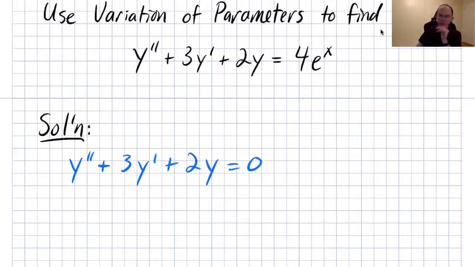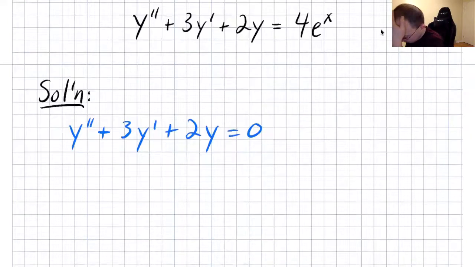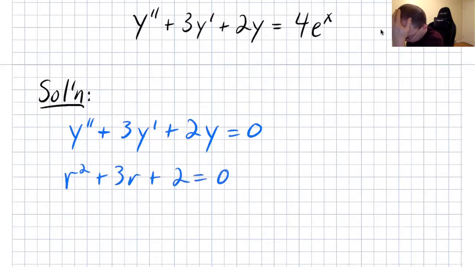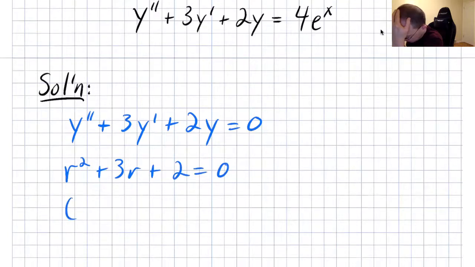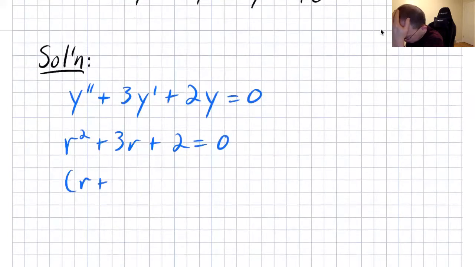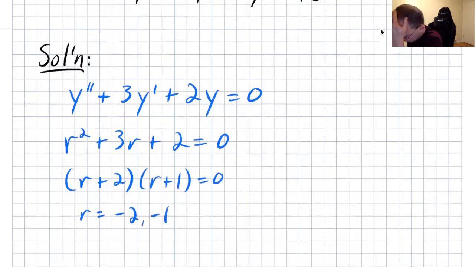Okay, so first of all, we need a general solution for this homogeneous equation. So let's write down the characteristic equation. See if we can solve it. Does this factor easily? I think so. 2, 1. So r is -2, -1.